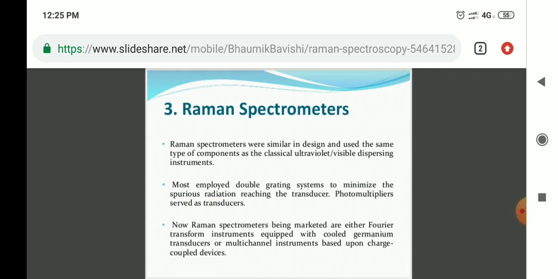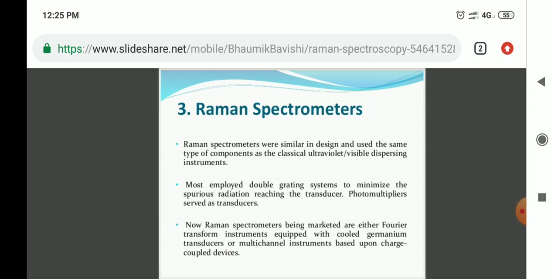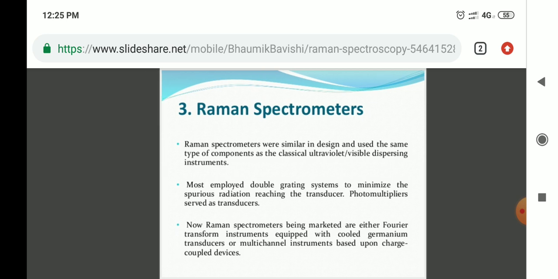And third one is the Raman spectrometers. The Raman spectrometers are similar in design and use the same type of components as the classical ultraviolet or visible dispersing instrument.